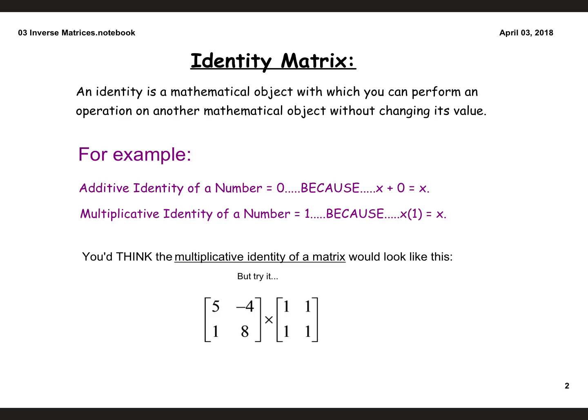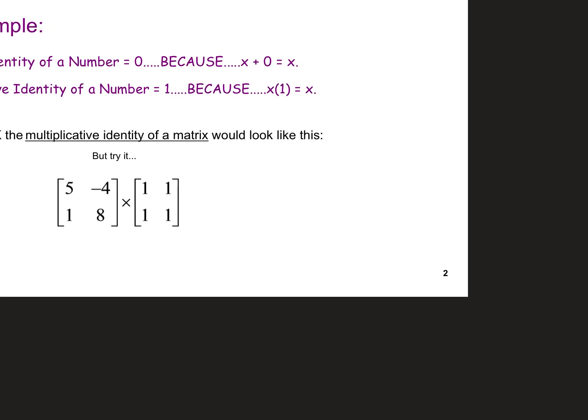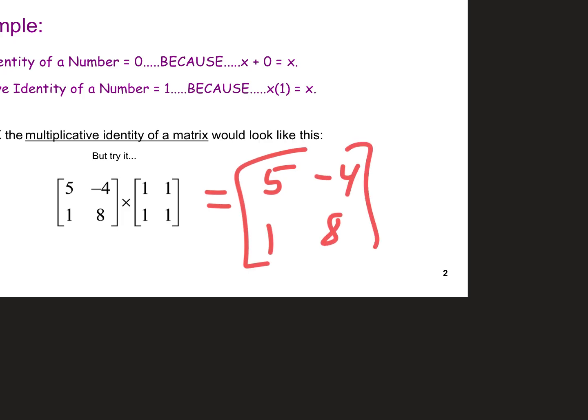So if I multiply this times 1, it does not come out to the same thing as it was. It doesn't come back as 5, negative 4, 1, 8. That's not what you get. You get 4 completely different numbers. Trust me, we're not going to multiply this out. I'm going to save that minute. But I'll just do the first part.